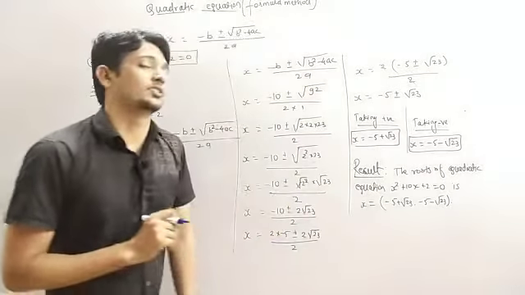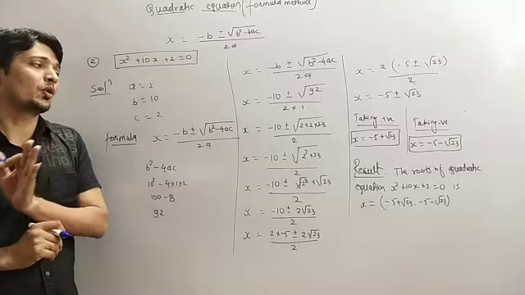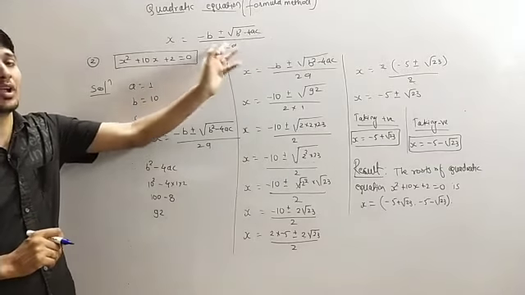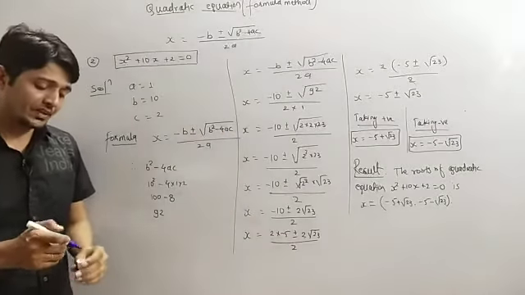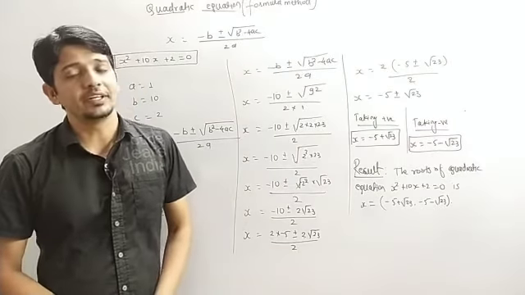So likewise you have to solve the further problems with the help of this formula in the same way. If you want to write, you can take a screenshot or you can write from here only.